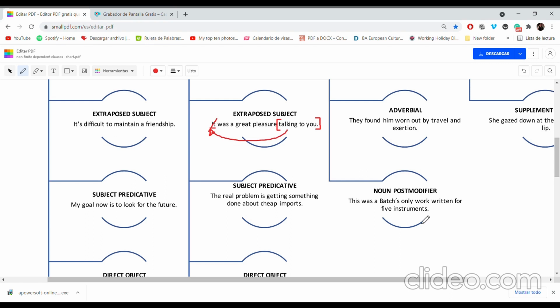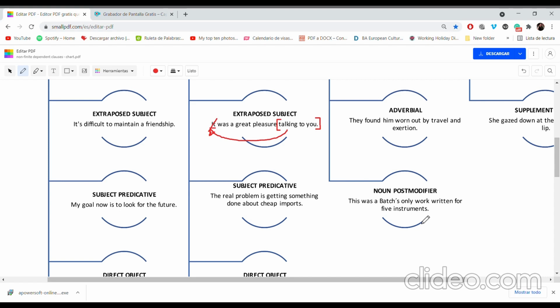The next syntactic role is the one of subject predicative. Remember that when we have a clause or an element being a subject predicative, the construction is placed after a copular verb or a linking verb.